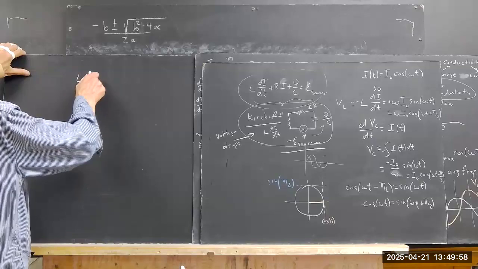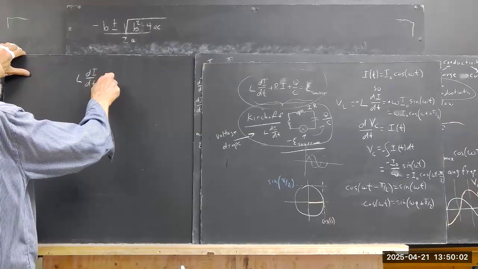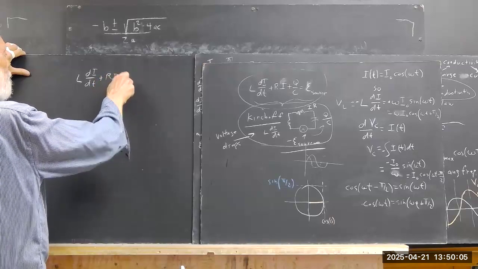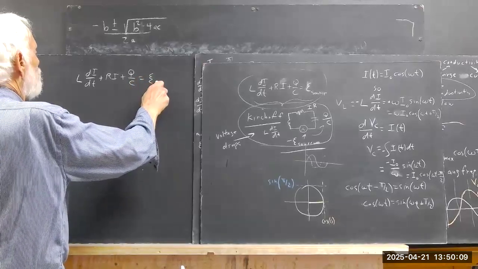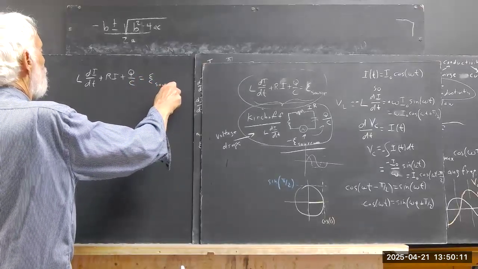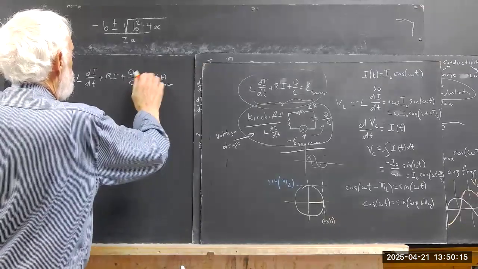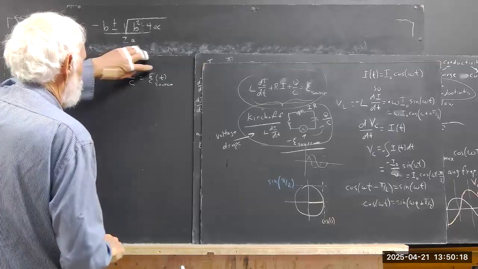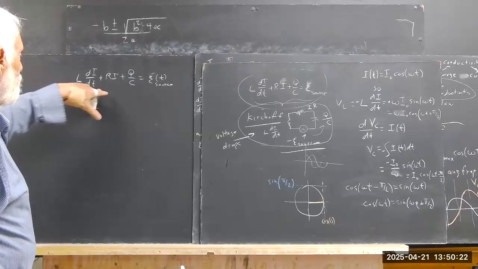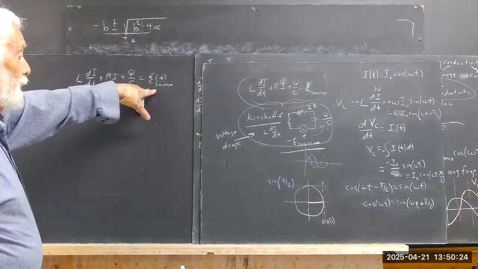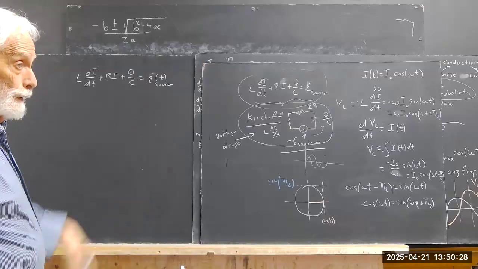So again, you get the equation when you sum up everything. There it is. You have the EMF of the source, which you could call E source if you wish.